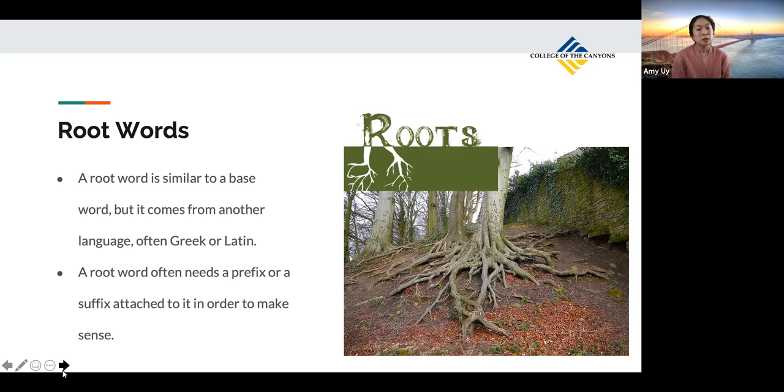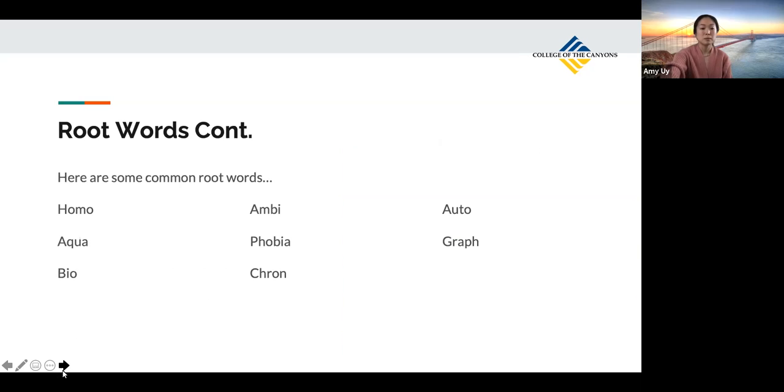Now, a root word, most of the time, cannot stand on its own, and prefixes and suffixes are groups of letters attached to the beginning or the end of a root word. Here are some common root words: homo, aqua, bio, ambi, phobia, chron, auto, and graph.